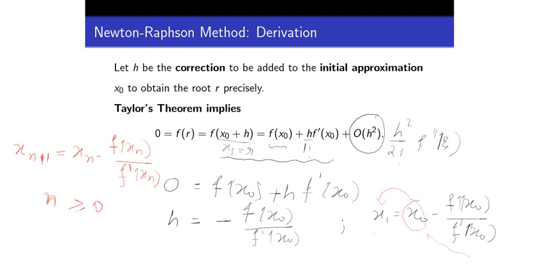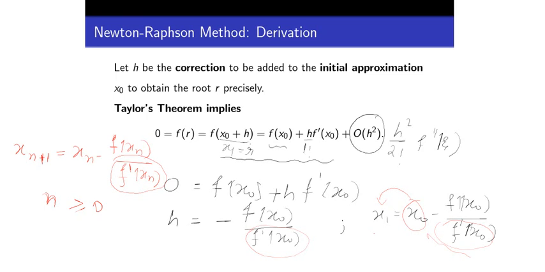What you should notice here is that f dash of x naught must not be 0. If it is 0, it will blow up. So at each stage you need to verify that f dash of x n is not very small or very close to 0.